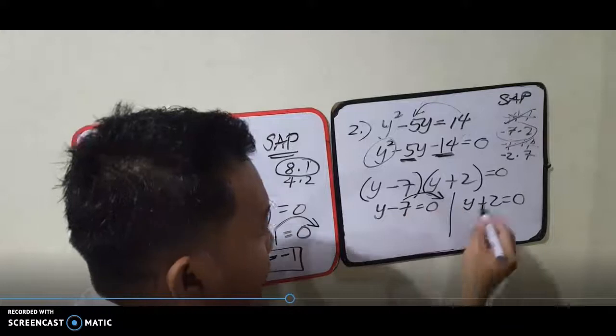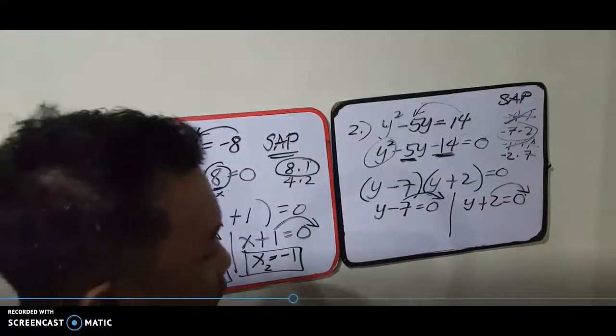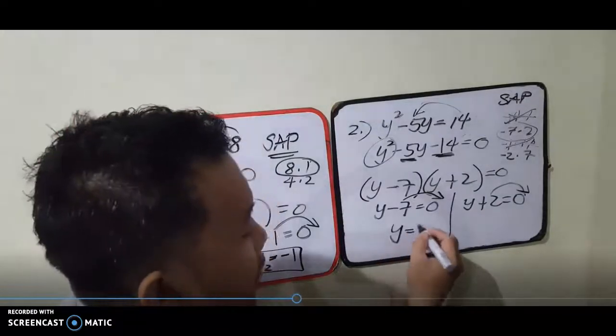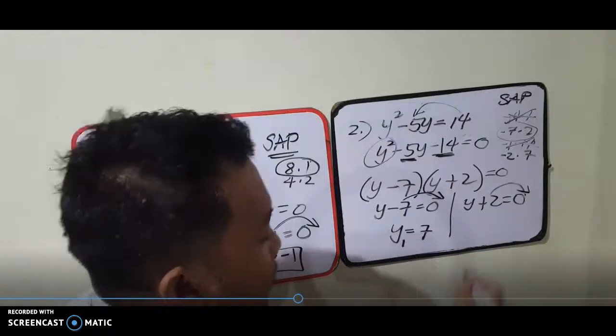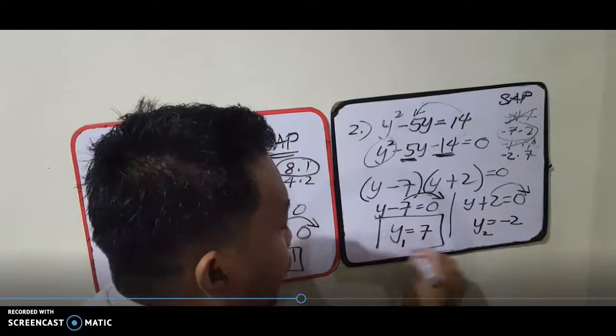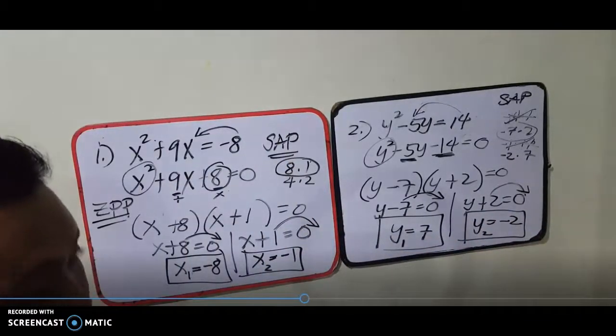Then move the negative 7 and the positive 2 to the right side of the equation to find the solution to the given quadratic equation. So we'll have y is equal to 7 as y sub 1, then y is equal to negative 2 as y sub 2. Therefore, the solutions are 7 and negative 2.